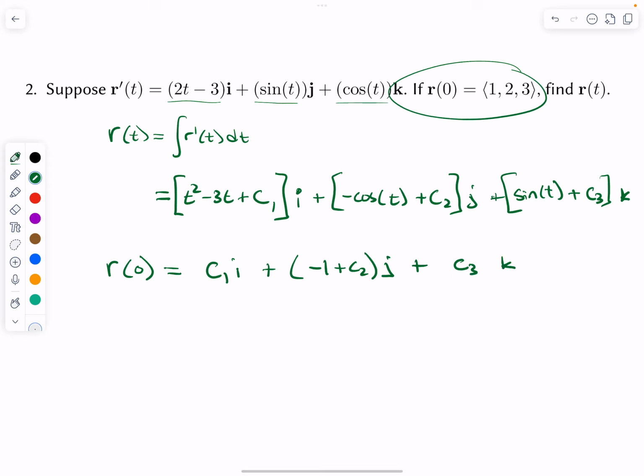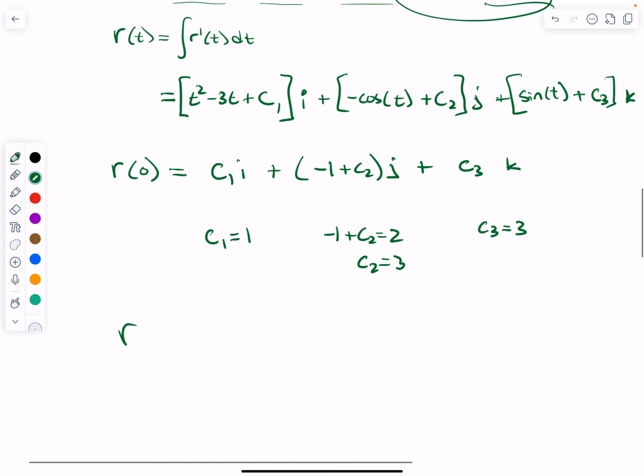All right, so that means that this c1 has to equal 1 for this to be true. Negative 1 plus c2 better equal 2 for that to be true, which means c2 has to equal 3. And then c3 has to equal 3.